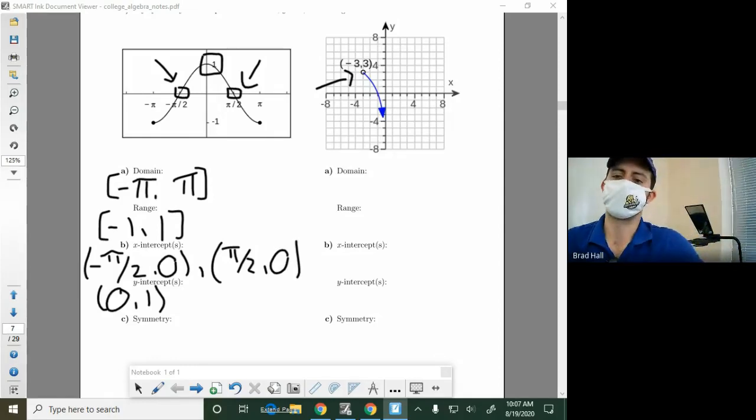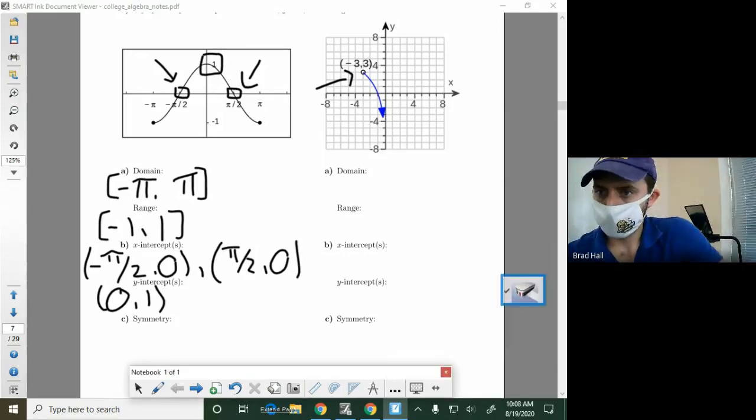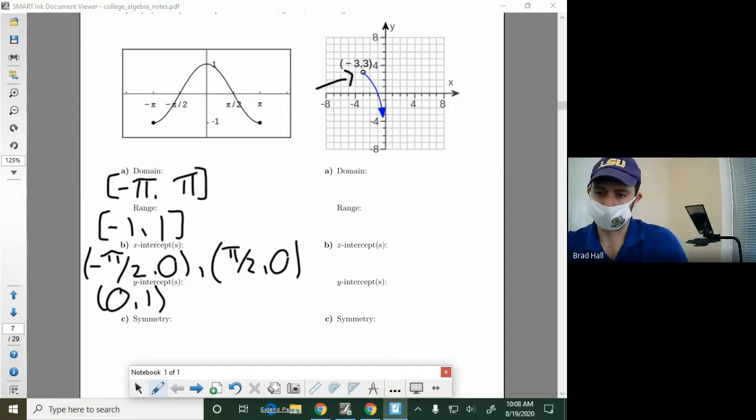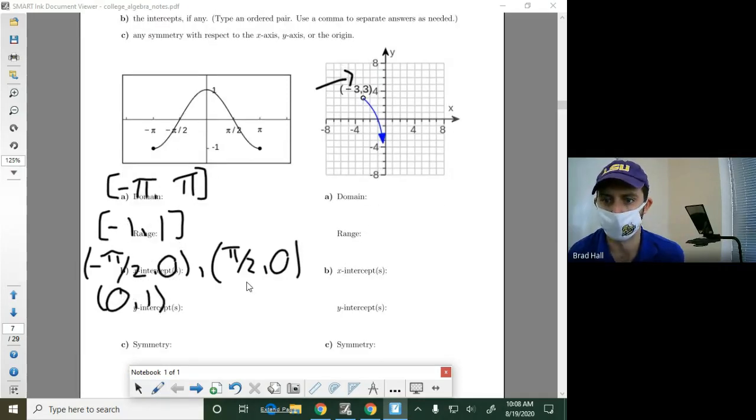Now we move on to symmetry, something we haven't really talked about before. So I think we all have an intuitive understanding of what symmetry is, but what about if we refine that a little bit more? In other words, the symmetry in this problem, I think we can all see that there is some symmetry in this problem, but the way we quantify symmetry, at least for the premise of this problem, is it with respect to the x-axis, with respect to the y-axis, or to give another option, the origin.